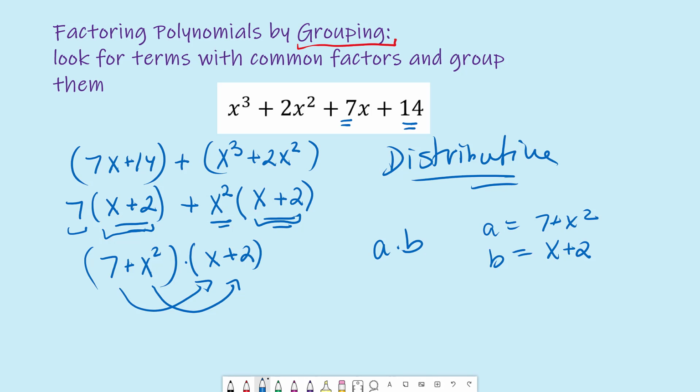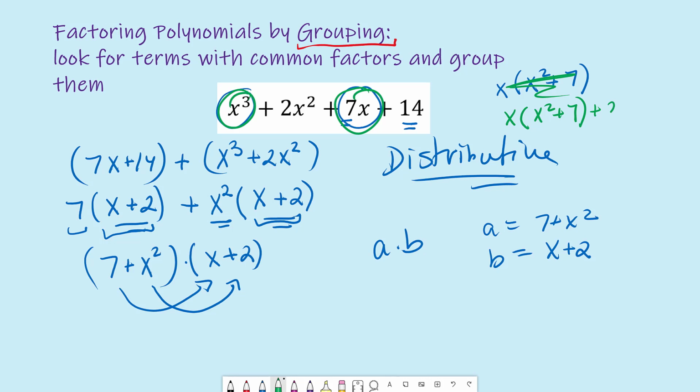We could start looking at, for instance, the terms x cubed and 7x, and in that case, we would remove x. We would write it as x times (x squared plus 7). Actually, maybe we'll write this in a different color so it's clearer. So let's write this over: x times (x squared plus 7), and then we have plus 2x squared plus 14.